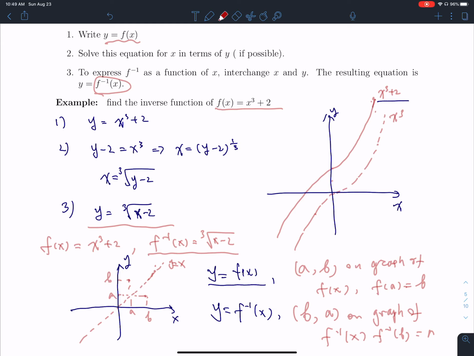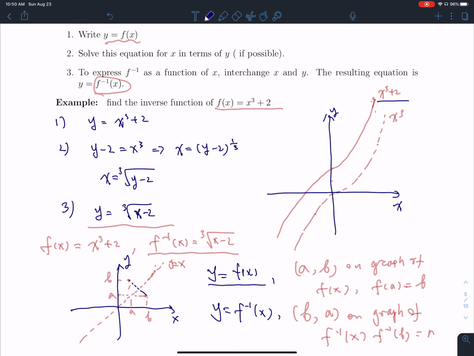And these (a, b) and (b, a) points will be symmetric about the line y equals x. So now we see the graph of the function will be symmetric to the graph of its inverse. All right, so this is what we want to discuss.